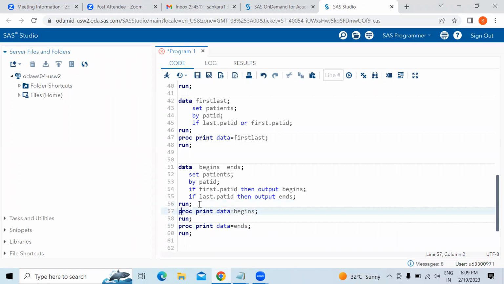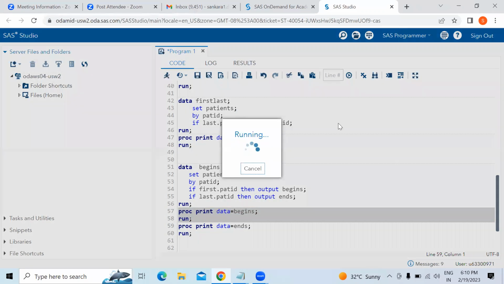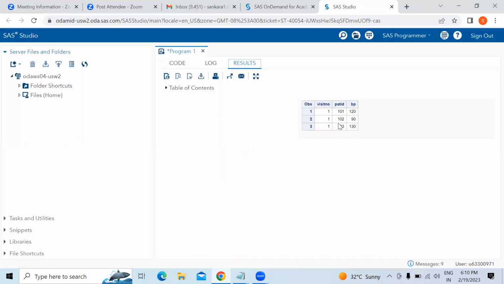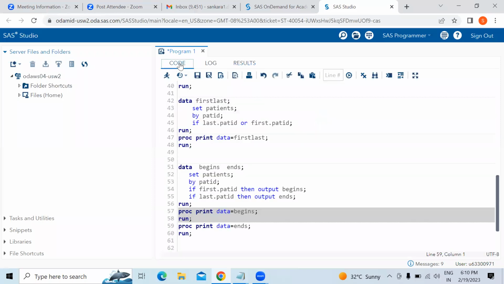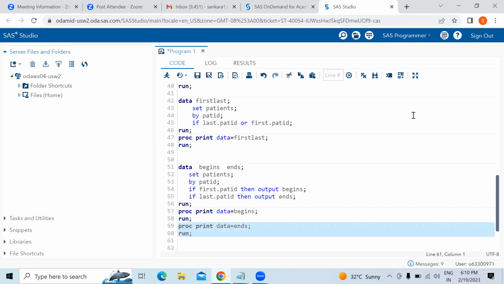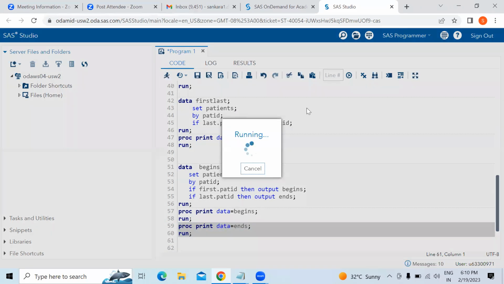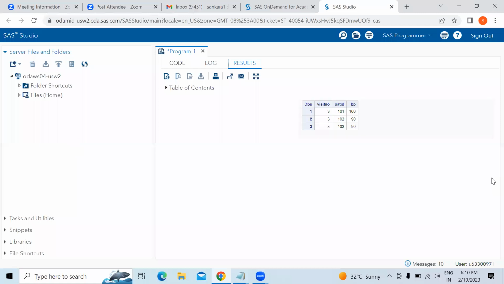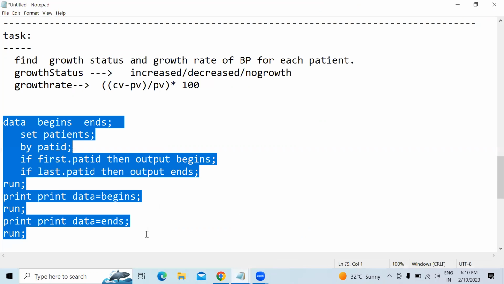Check the begins now. Only the first visits of each patient. Check the second, which is ends. It's the last visit. In this way, from patient to patient, the number of visits is different.